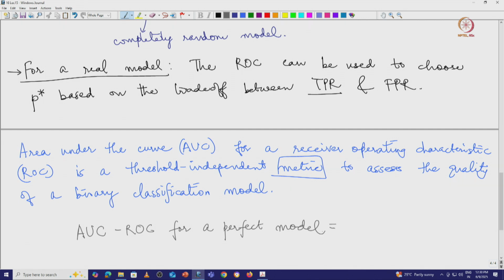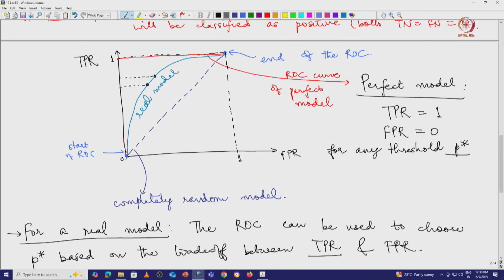If you go back to the ROC curve, you see that the receiver operating characteristic for a perfect model is essentially a curve that starts at the point 0 0, but then immediately jumps up to y equals 1 or TPR equals 1. So, if you find the area under the curve, that is this entire square region bounded by the arrows I have just drawn, that area is obviously 1 times 1, 1 being the side of the square. So, that particular area is exactly 1.